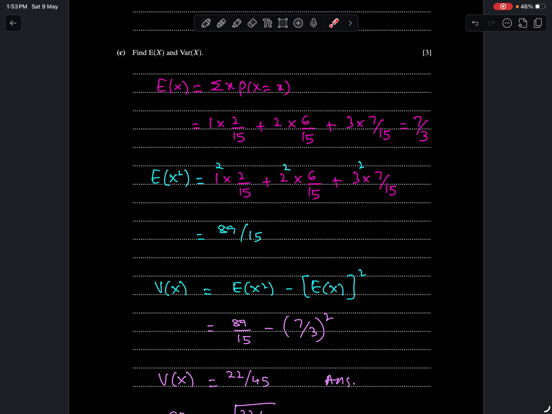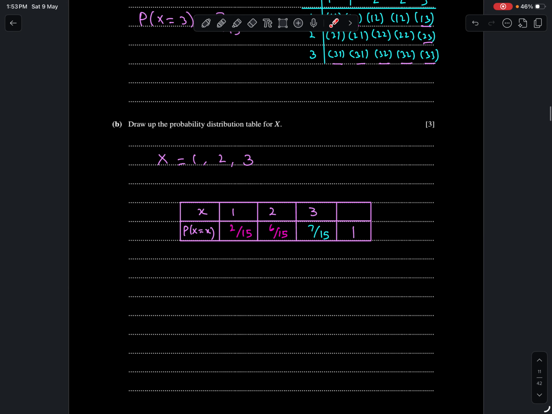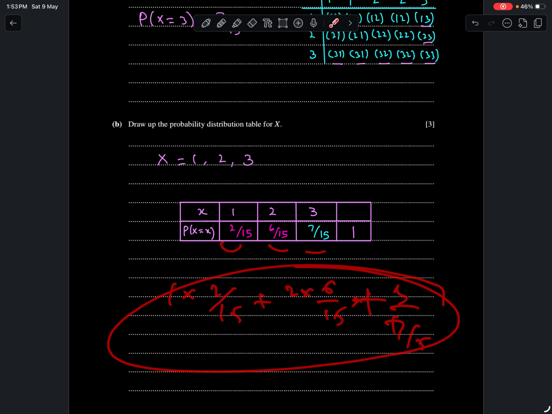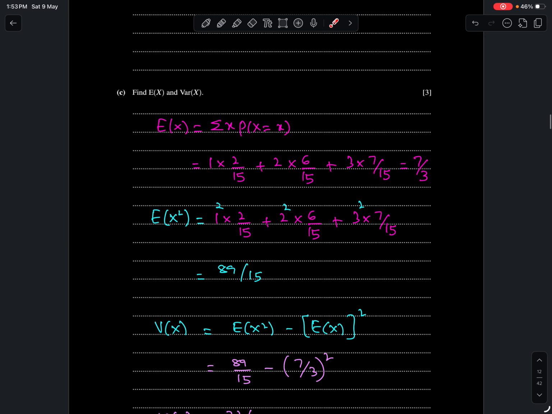Mean. How to find mean? For mean, take the sum of the product of these numbers. 1 into 2 upon 15, 2 into 6 upon 15, 3 into 7 upon 15. Sum of these will give you mean.